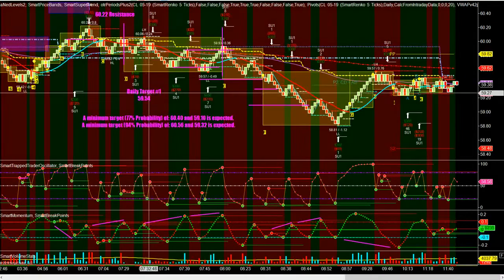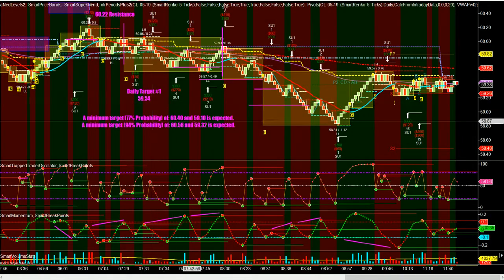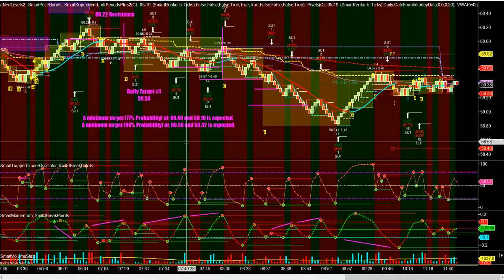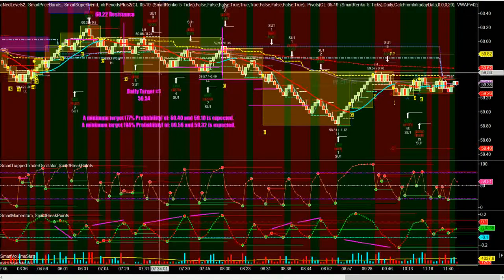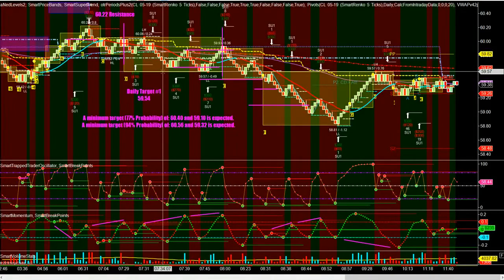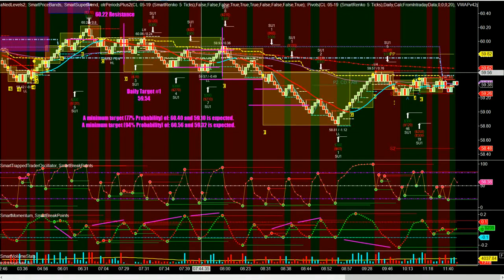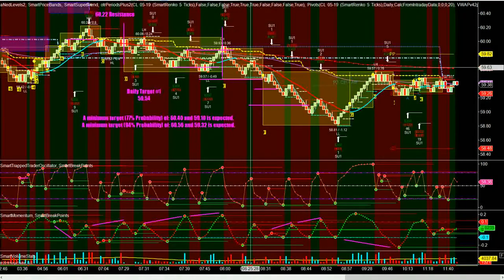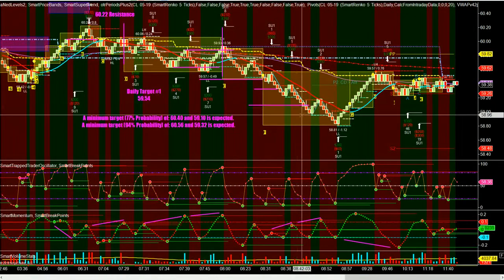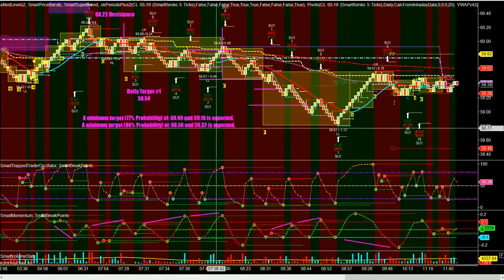The first target that we had this morning was 59.54. That comes out right after the open of the day, and that 59.54 was right over in here at this low. The market came up and continued lower down through here, hitting the other daily targets.